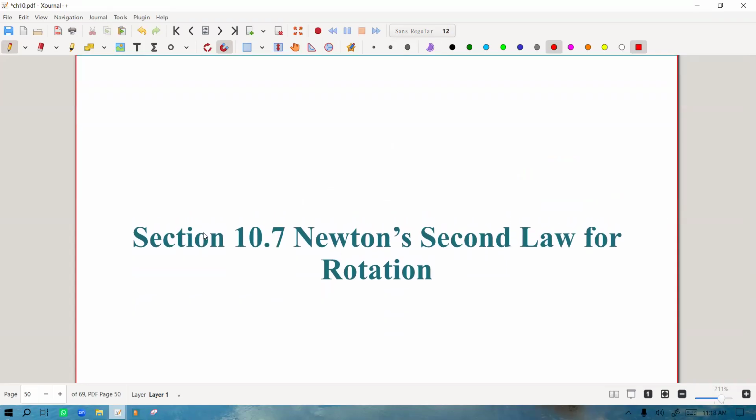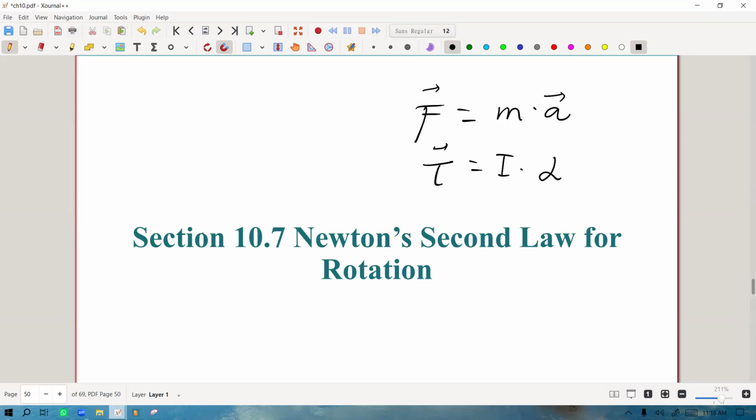Okay, and then Newton's second law for rotation is also important. We know that Newton's second law is force equals mass times acceleration, right? But in rotation, we do not use force, but tau is equal to I times alpha.